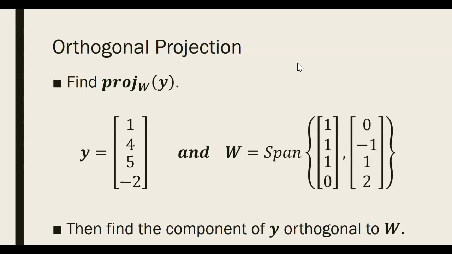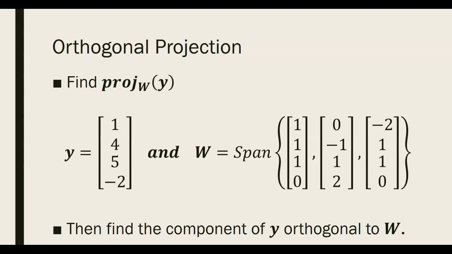Now the last example we're going to do of projections in this section is going to be projecting onto a dimension 3 subspace. So if you take a look at these 3 vectors, it turns out these 3 vectors are an orthogonal set.